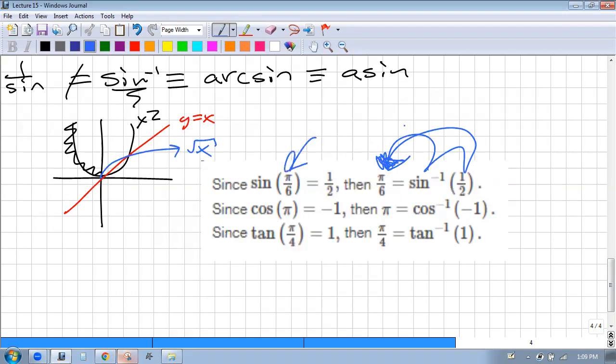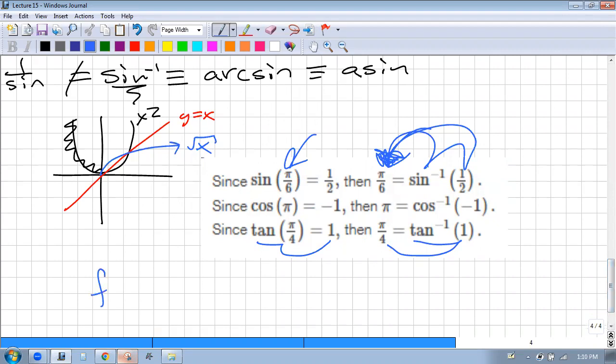If an angle goes into sine, it's an angle that comes out of sine inverse. I mean, they're all technically just numbers. It's just how we're interpreting them, okay? All right, so you just flip it, right? Tangent inverse of 1 is pi over 4 because tangent of pi over 4 is 1. That's the whole point. We need these functions to undo whatever sine or cosine and tangent do. We want them to undo it, right?